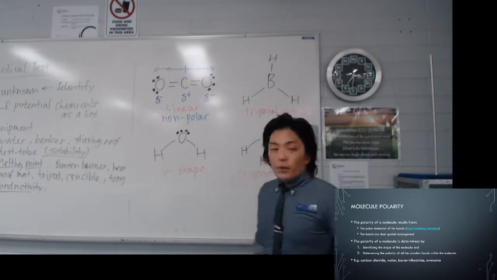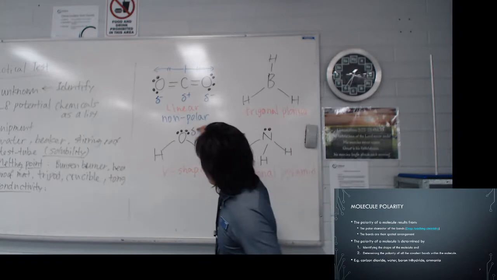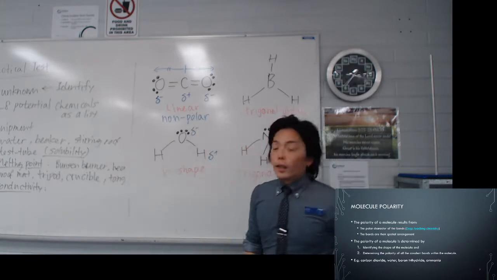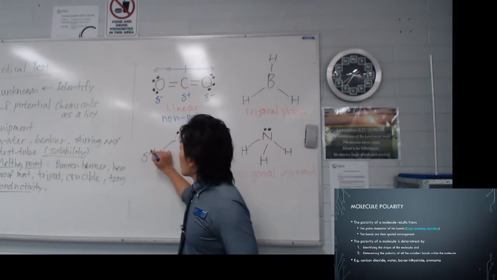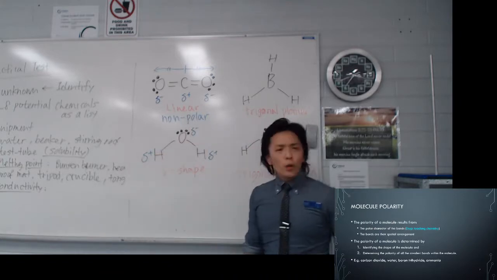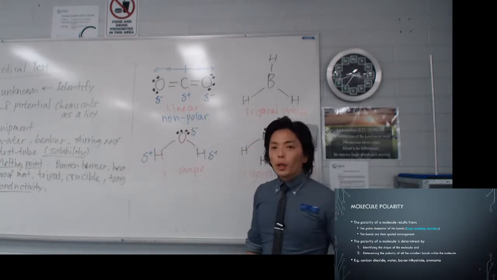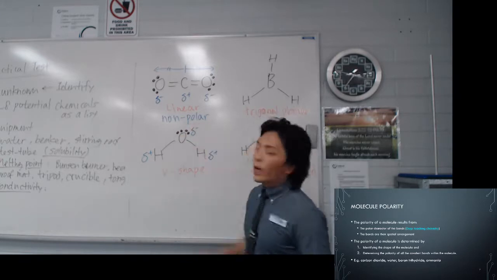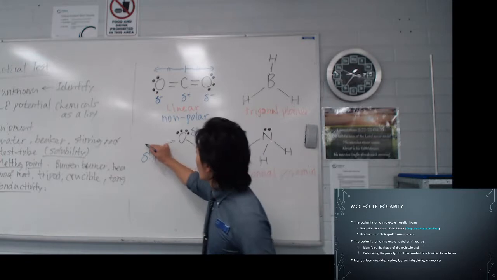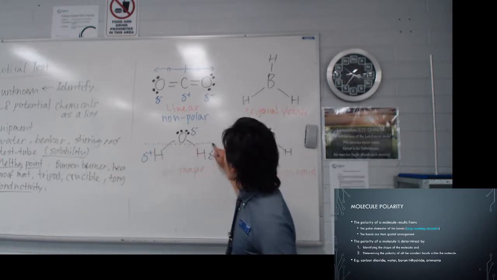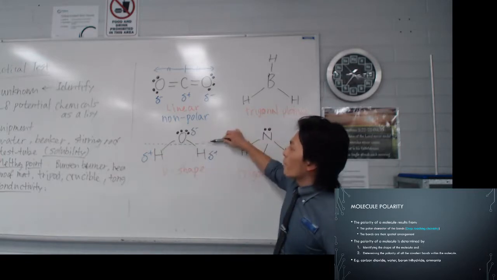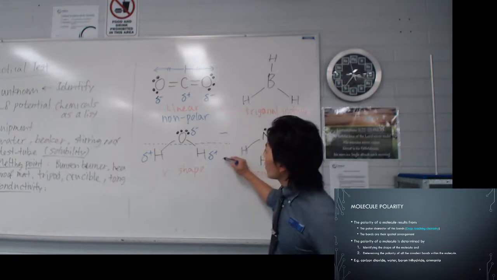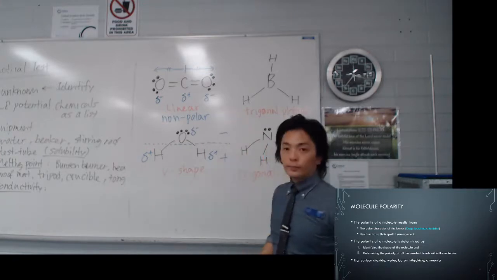For the V shape, if you add notations for delta positive and delta negative to show the bond polarity, there is an overall difference there. Because of those lone pairs of electrons, you can hopefully see that the top half, the oxygen side, is more electronegative compared to the bottom half.